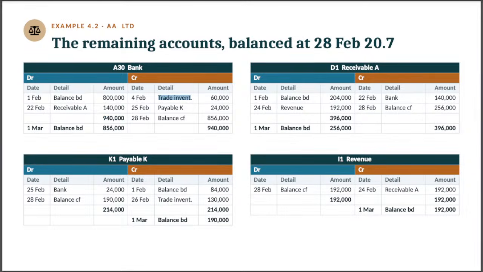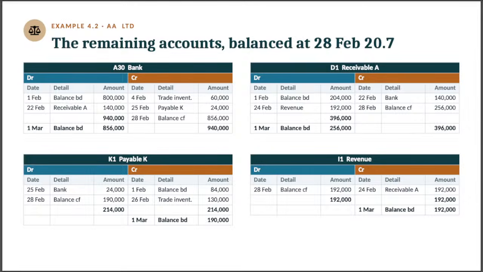So we have the trade inventory, 60,000. Payable K, we paid that bill, 24,000. So the balance on the end of 28th here will be 856,000. Same thing here: from the 940,000 minus all these things would leave us with the 856,000. And there it is.